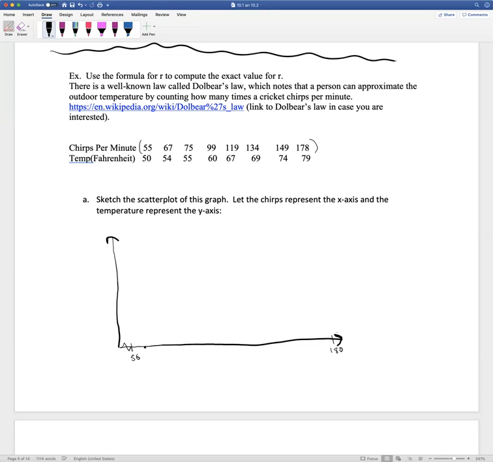So 50, 60, 70, 80, 90, 100, 110, 120, 130, 140, 150, 160, 170, and let's just move 180 over so it doesn't have such a giant gap, and then we'll have 180 over here.